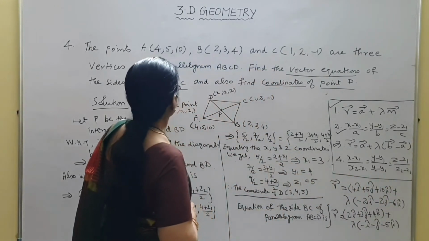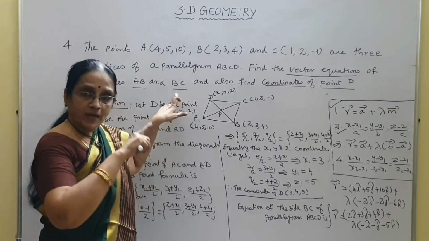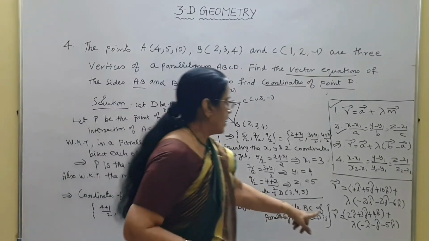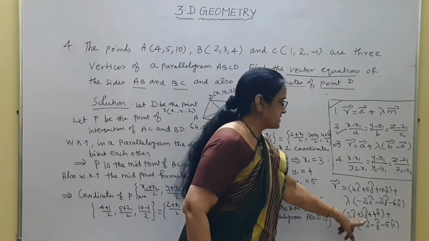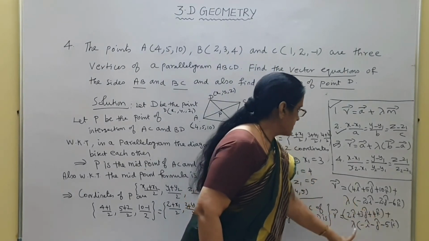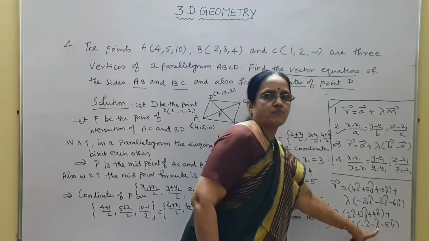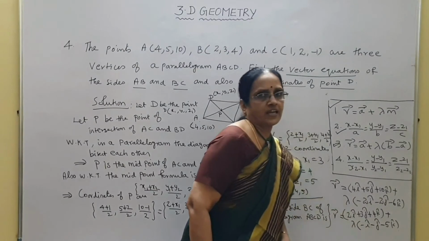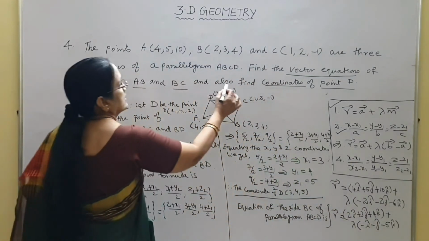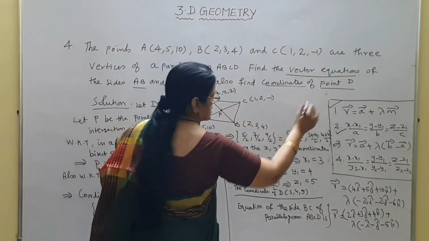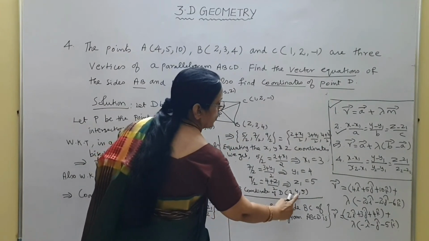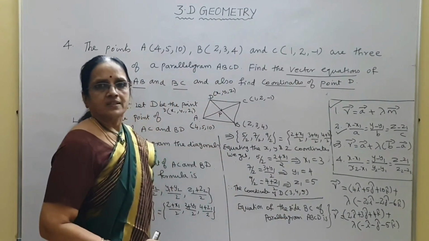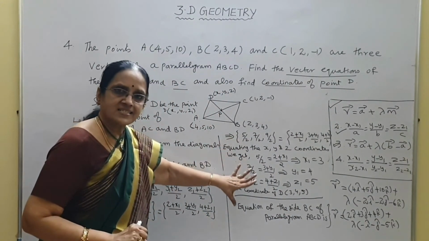Then the vector equation of the side BC of parallelogram ABCD is r vector equal to 2i cap plus 3j cap plus 4k cap plus lambda times (minus i cap minus j cap minus 5k cap). Then the coordinates of the point D are (3, 4, 5). That will be your final answer.